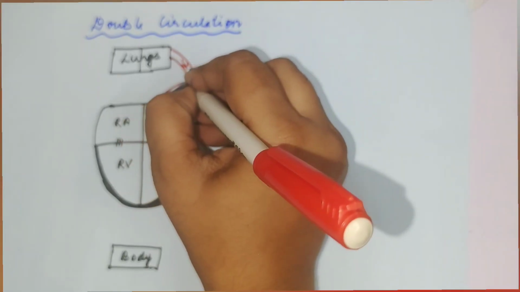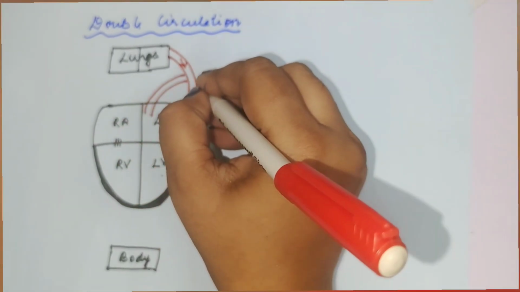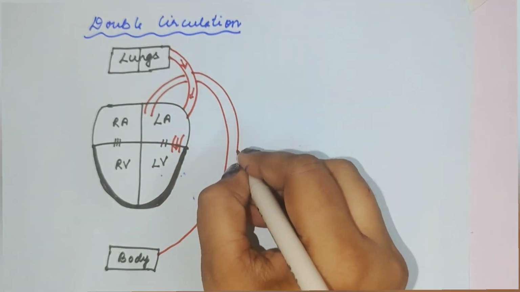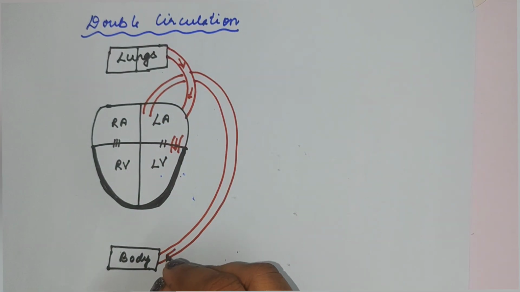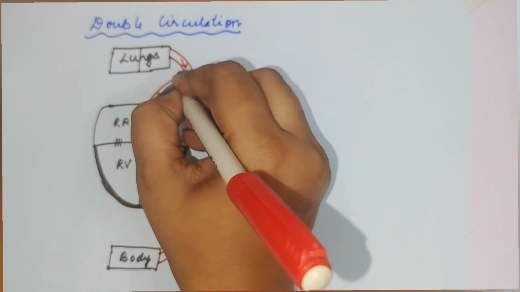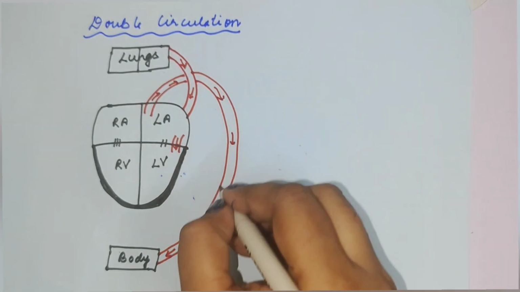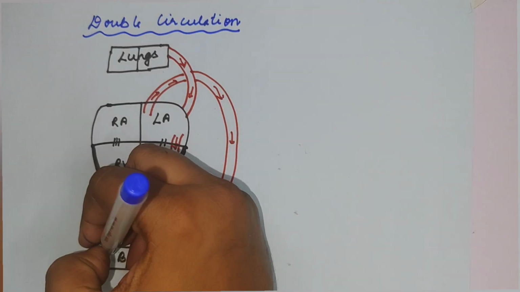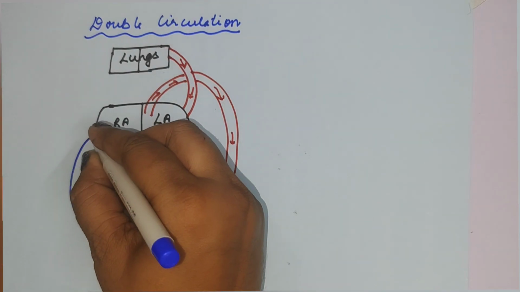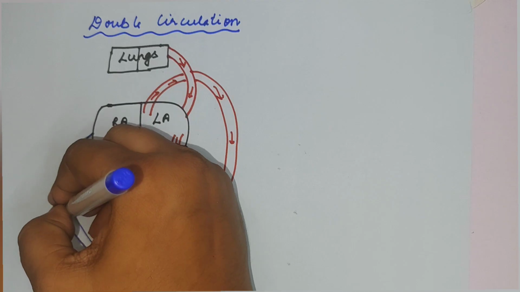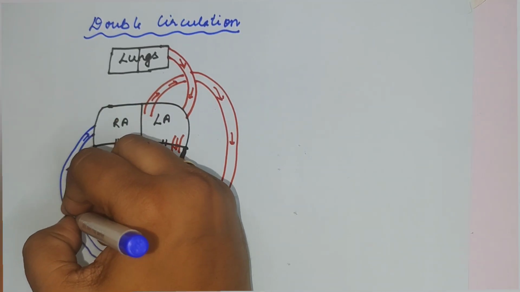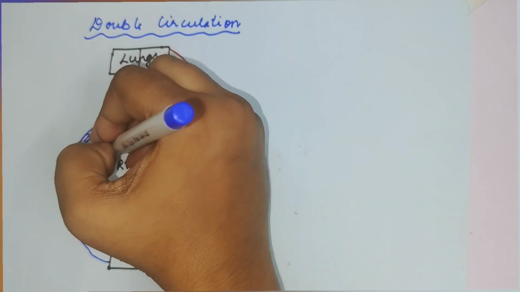Now from the lungs arises the pulmonary vein which brings the oxygenated blood to the left auricle. The oxygenated blood portion is drawn with the help of red color, whereas the deoxygenated blood vessel is drawn with the help of blue color to distinguish between the oxygenated and deoxygenated blood.